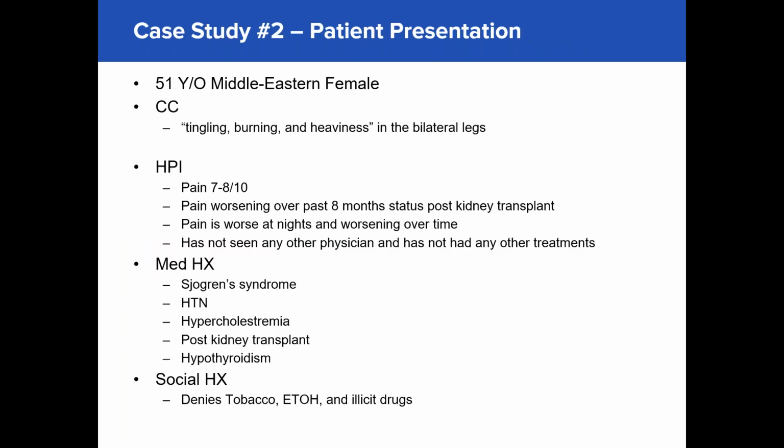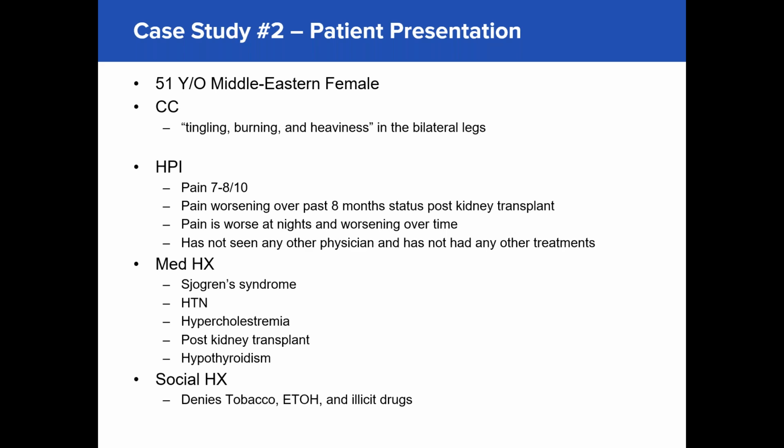Our second patient is a 51-year-old Middle Eastern female. She presented with tingling, burning, and a feeling of heaviness in her bilateral legs. Her pain level was about an 8 out of 10, and it had been worsening over the past 8 months since she had a kidney transplant. Her pain was worse at night, and it was worsening over time.